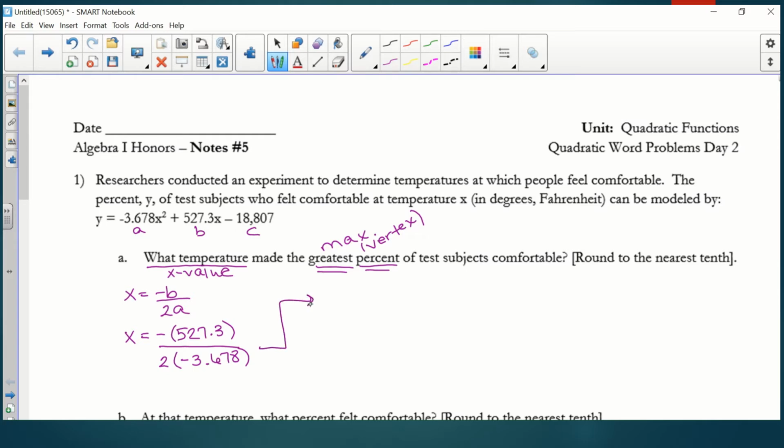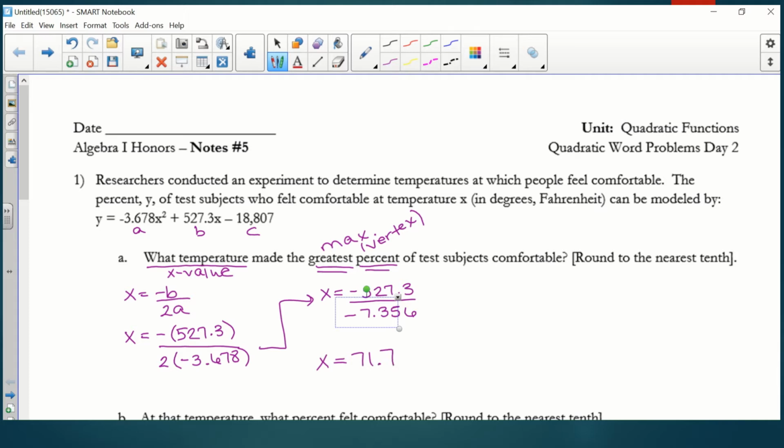All right, so we simplify a bit here. So x equals negative 527.3 divided by negative 7.356. Actually dividing that out, and rounding, I get an x value of 71.7.